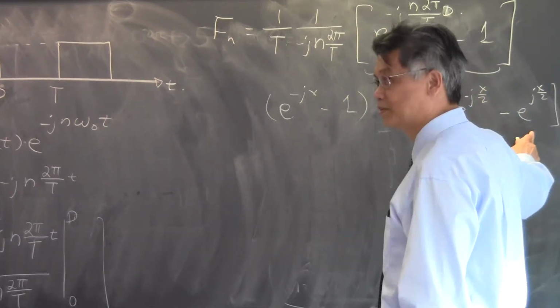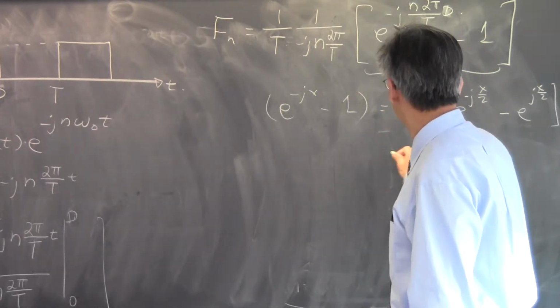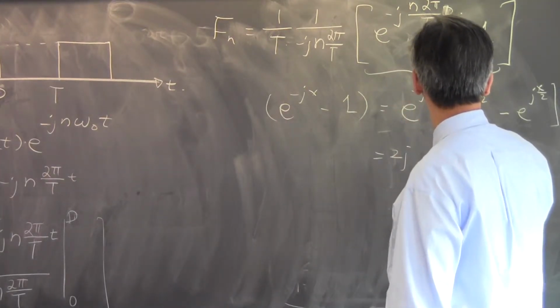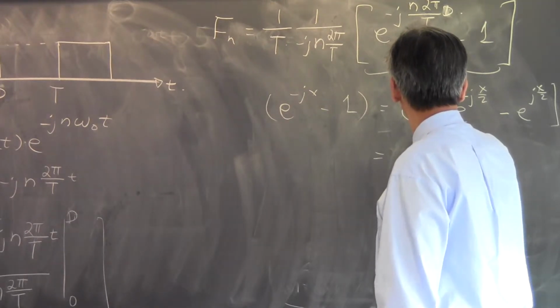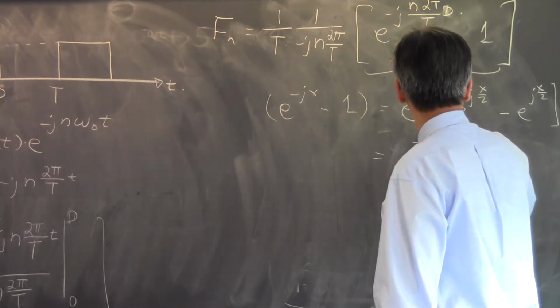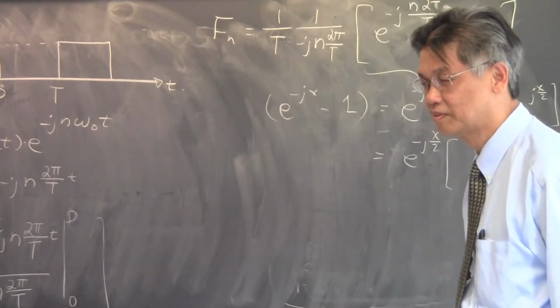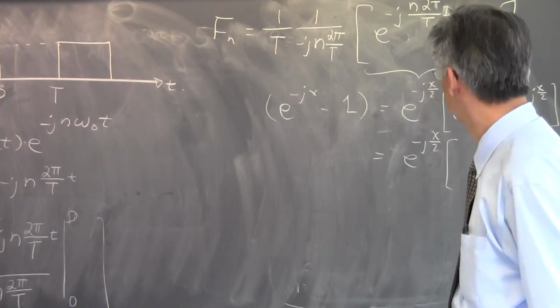So when you combine these two, what do you get? You get 2j, is it 2j or minus 2j? E to the j x over 2. And how does it express itself in terms of a sine function?